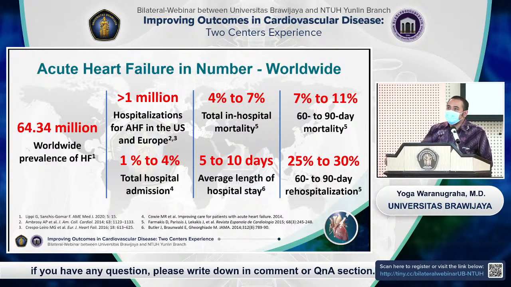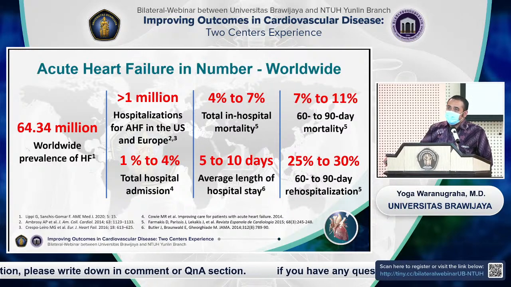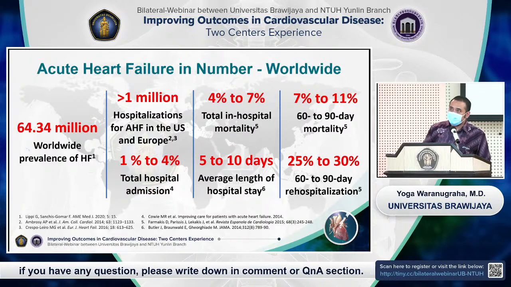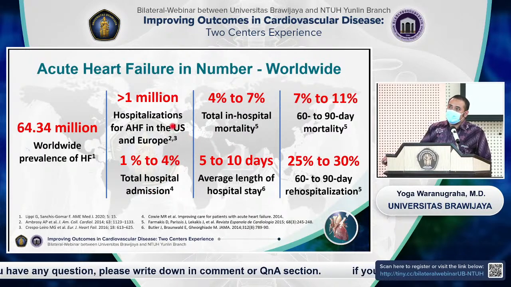Data from the US and Europe recorded that more than 1 million people suffer from acute heart failure that needs hospitalization each year, and acute heart failure itself accounts for 1 to 4% of total hospital admissions. The problem is that the in-hospital mortality of acute heart failure ranges from 4 to 7%, with an average length of stay between 5 to 10 days.